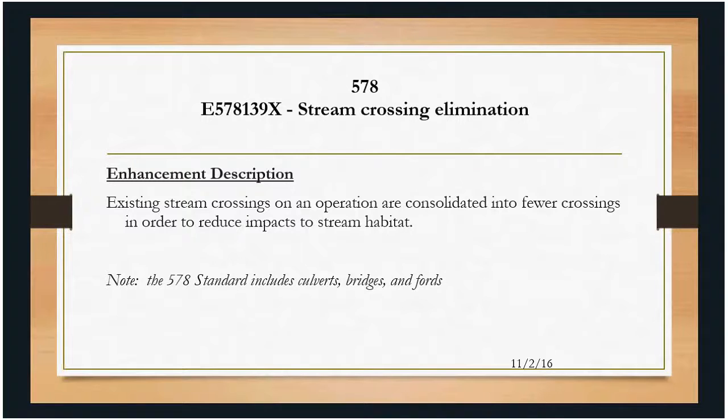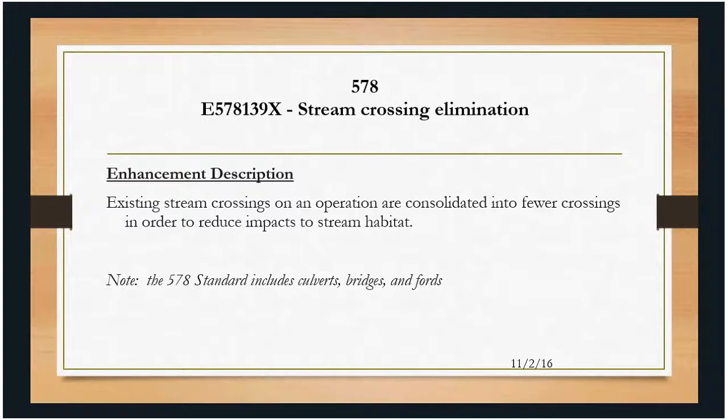Part of the idea of this enhancement, the enhancement description, is that existing stream crossings on an operation are consolidated into fewer crossings in order to reduce impacts to stream habitat. And according to the practice standard here, side note, stream crossings include bridges, culverts, and fords.